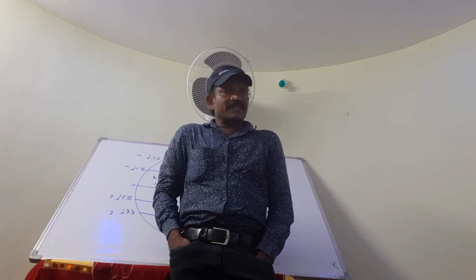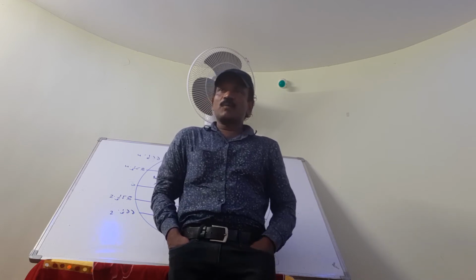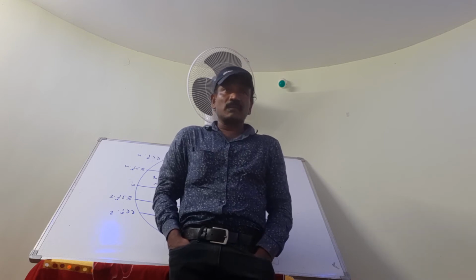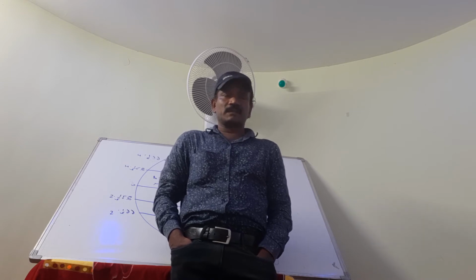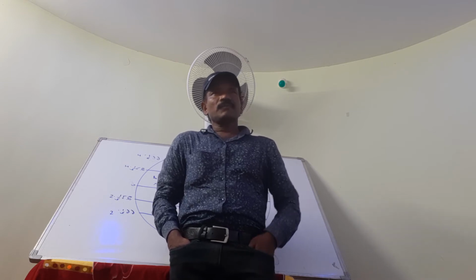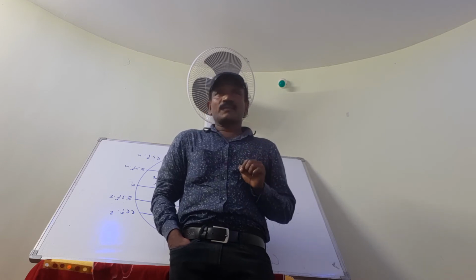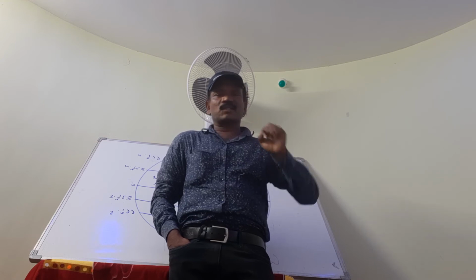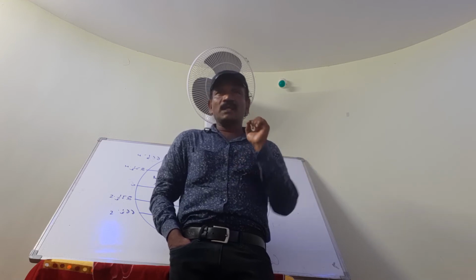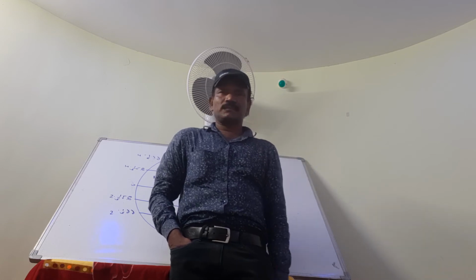Which type of rivers are called exotic rivers? Which type of rivers are called international rivers? If any river flows through the desert area, then it is called an exotic river. If any river flows through more than one country, then it is called an international river.